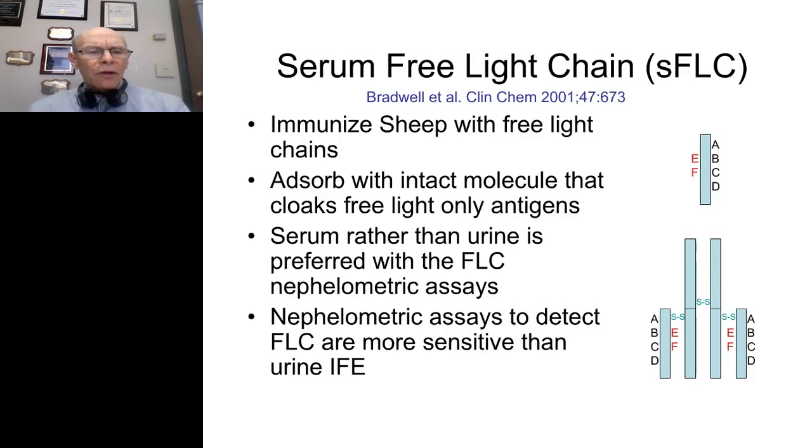This is important because large molecules like IgG, which contain two identical heavy chains and two light chains, either two identical kappa or two identical lambda, have a half-life of about 3 weeks, while light chains have a half-life of only a couple of hours. Consequently, the amount of light chains that are attached to heavy chains in serum occur at about 1,000 times the concentration of the free light chains.